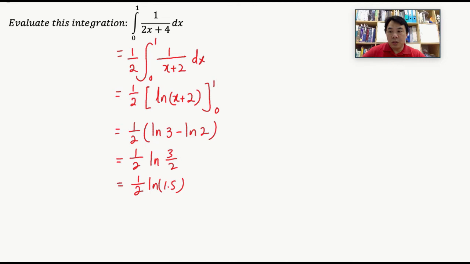All right. Now the second strategy. Okay. The second strategy, I'm going to write it down here in a different color so that it's easier to see. Instead of simplifying that, we can actually leave it as it is. Okay, so that is 1 over 2x plus 4. I'll just rewrite that one more time.